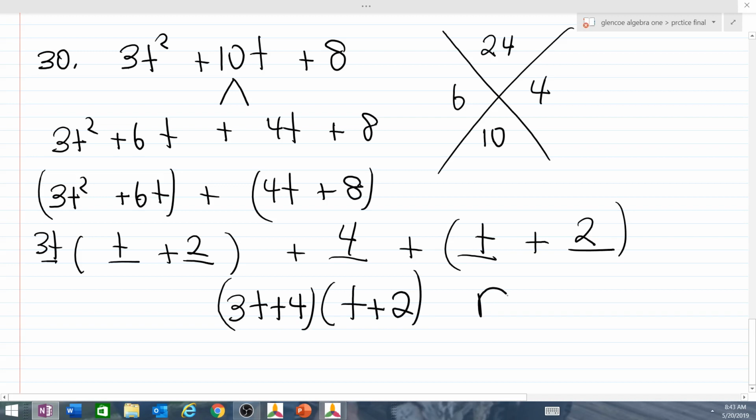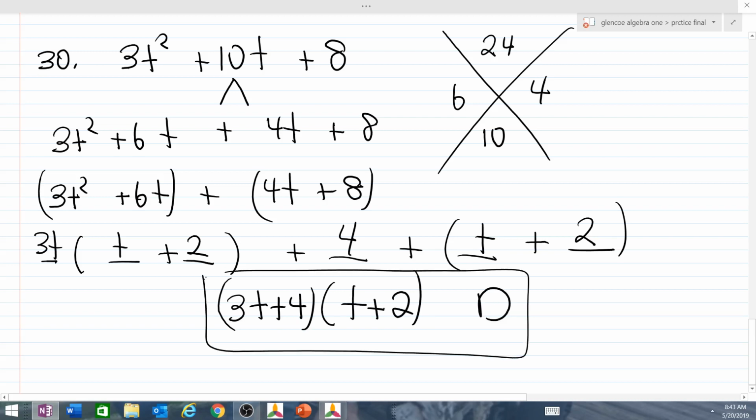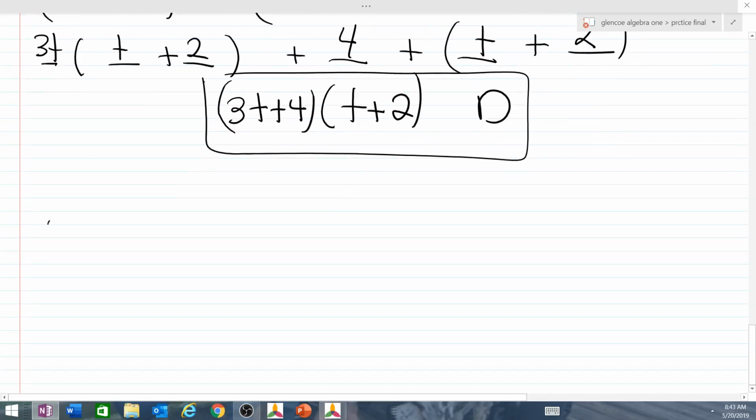D? Did that help? Do you understand what I mean though, Riley? All you had to do was FOIL choices A, B, and D. Guys, what's the answer if you can't factor it? Prime. Okay. Yes? 31, please.